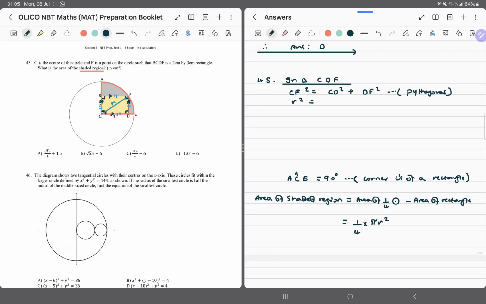So this is r squared equals, so essentially CD is 3 squared plus DF is 2 squared. So 3 squared is 9 plus 2 squared, that's 4. 9 plus 4, this is 13.